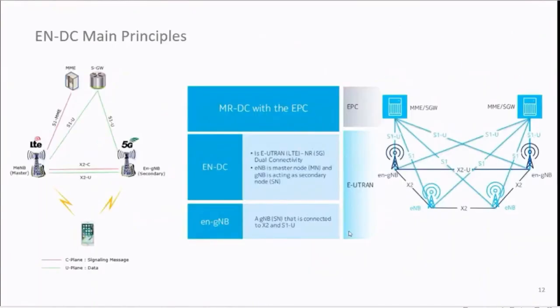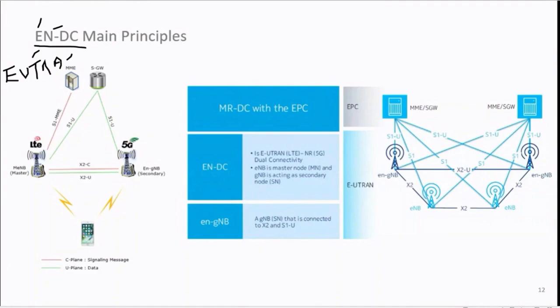Okay, so let's talk about EN-DC main principles. So you see here one term called EN-DC, right? So what's the meaning of this EN-DC? So what is this E? E is E-UTRA, or you can say LTE, right?